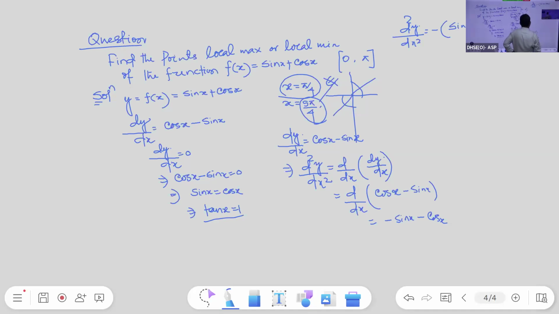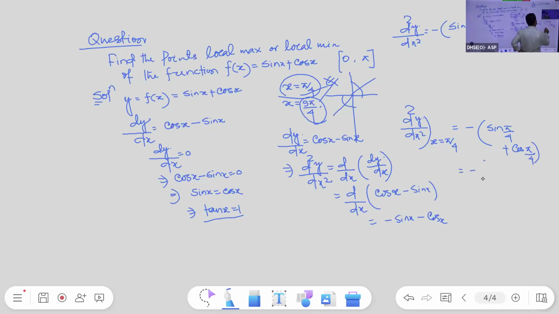Now calculate the value of the second order derivative at x is equal to pi by 4, because x is equal to pi by 4 is the critical point. So d square y upon dx square at x is equal to pi over 4 equals minus of sin pi over 4 plus cos pi over 4.